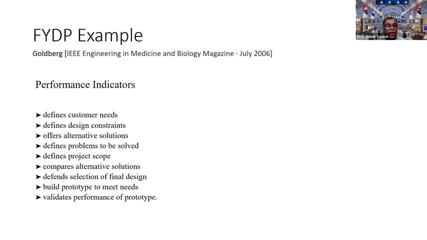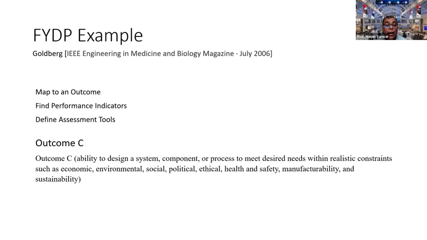Now, this outcome has been broken down into some performance indicators. Here they're saying ability to design a system, component, process to meet design needs. Needs of whom? Needs of the customer, right?